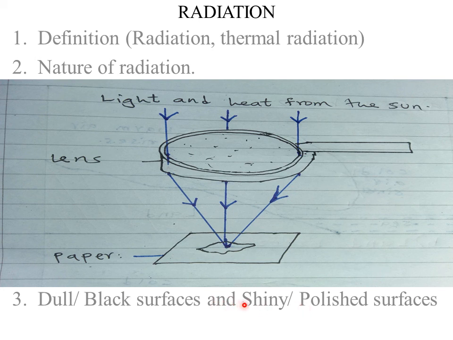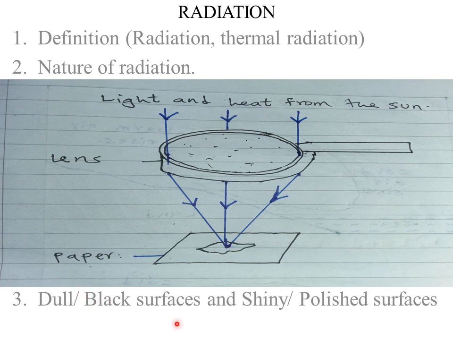So we look at various applications of the dull and black surfaces. That explains why, when someone takes water in two similar basins but painted differently, that is, water in the sun in a black basin and in a white or shiny basin, and we are taking conditions to be constant, assuming the same amount of heat gets to the water in the two basins, and the same amount of water, the only difference being the paint, the color.